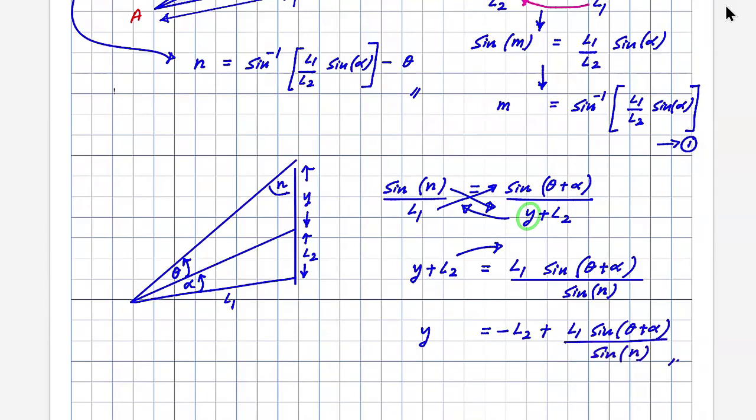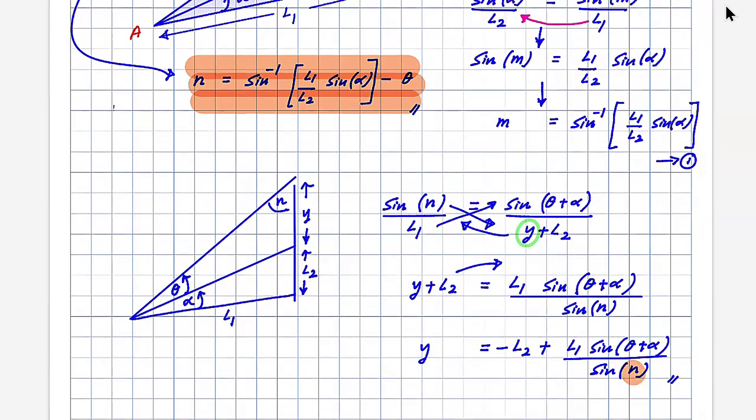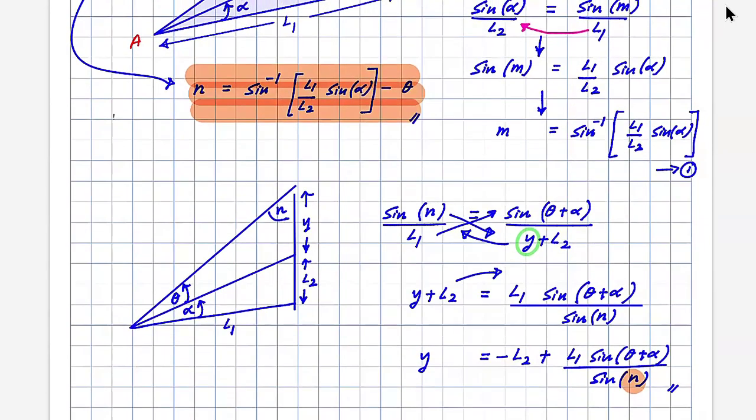That's the answer. So now if you want this n value over here, this humongous thing, you can substitute in here. That substitution I don't want to do, but that's easy.